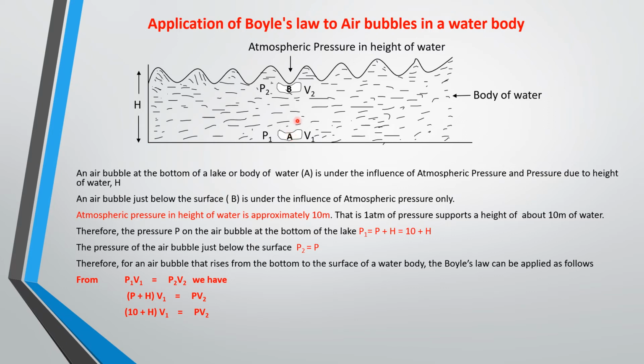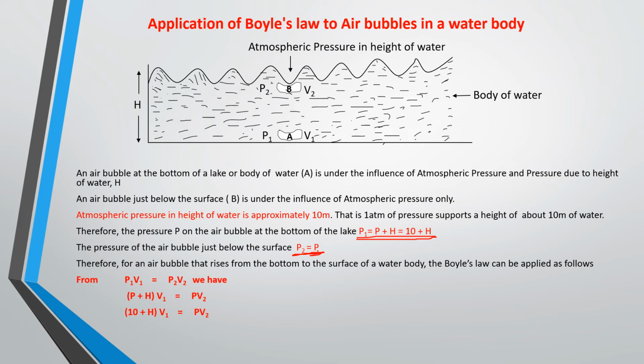Then when this bubble rises to the surface, just before the surface, the pressure on the air bubble is equal to atmospheric pressure. And that is what we have in these equations here. At the bottom, it is equal to the atmospheric pressure of 10 meters plus the depth of the lake.